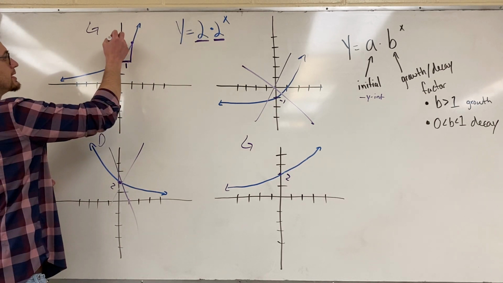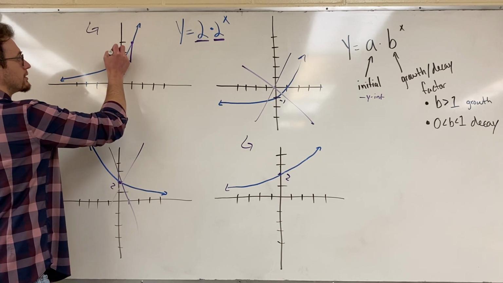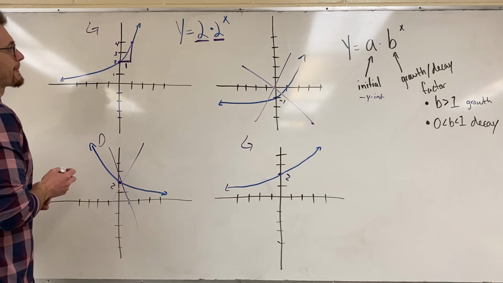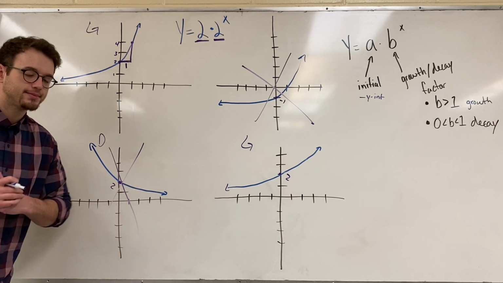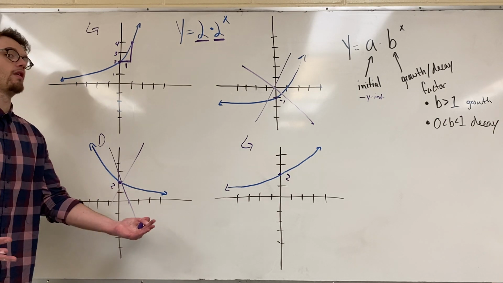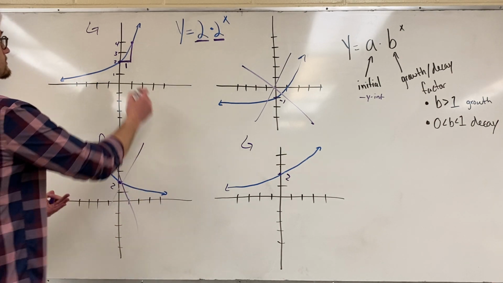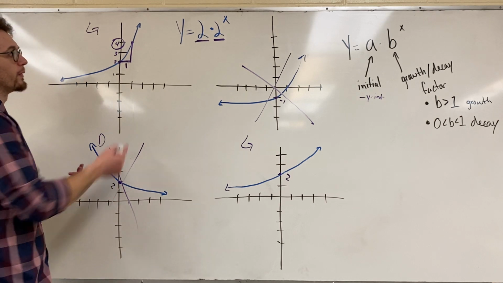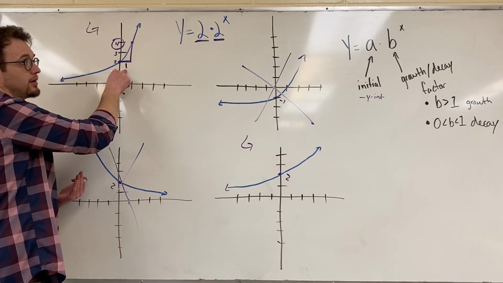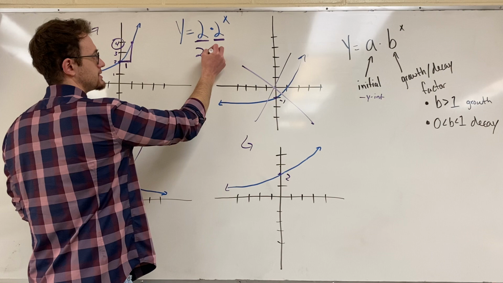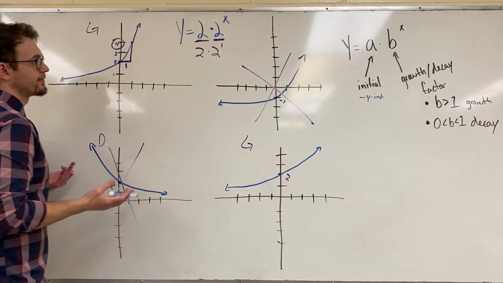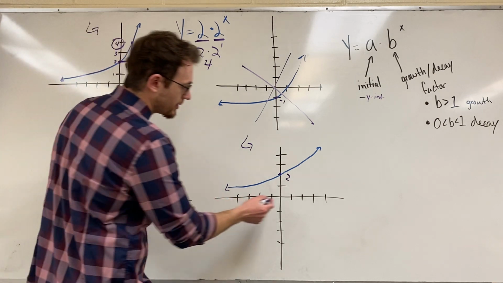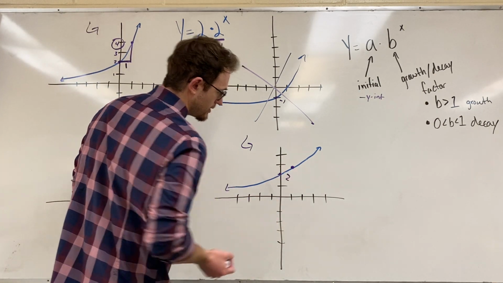And that new number would be, so this is 2, 1, 3, 4. 4, right? Well, what's 2 times 2? 4. When I plug in 1 for x, I get 4. I don't get 3.